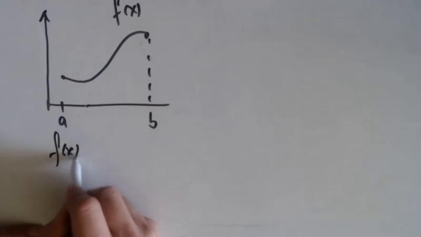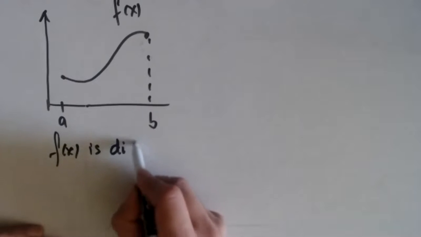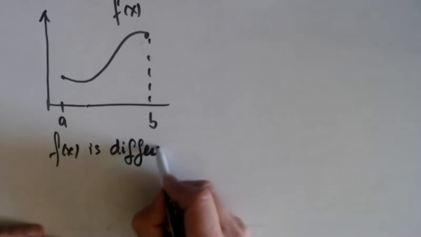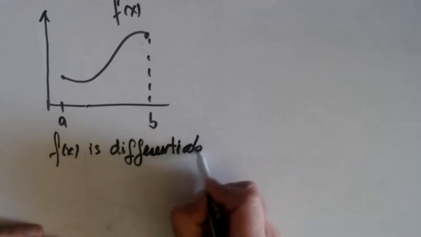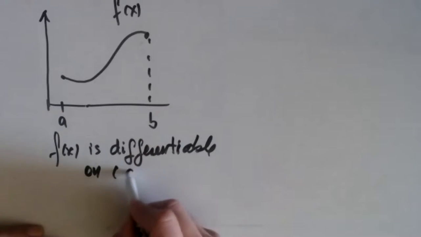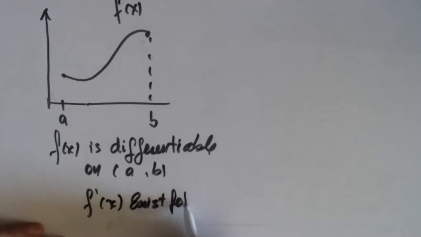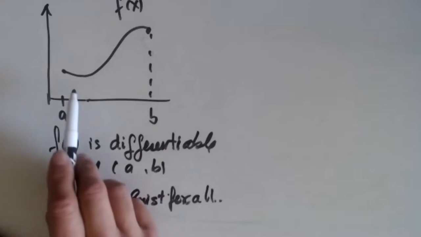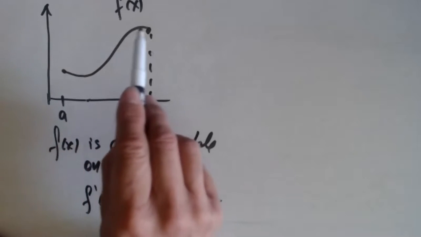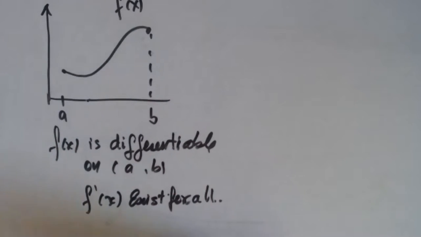Suppose this function f of x is differentiable on (A, B). So what does it mean? f prime of x exists for all points, correct? So the derivative exists for any point between A and B.